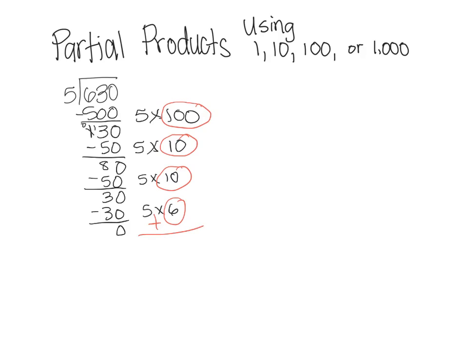When I add these up, 100 plus 10 plus 10 plus 6, that is 126. So I can say that 630 divided by 5 equals 126.